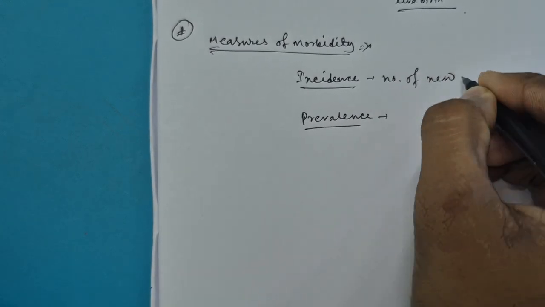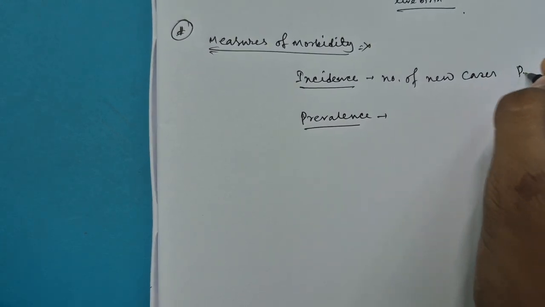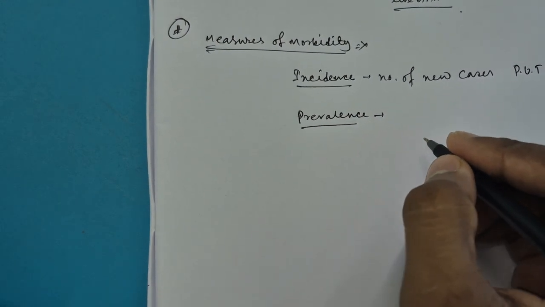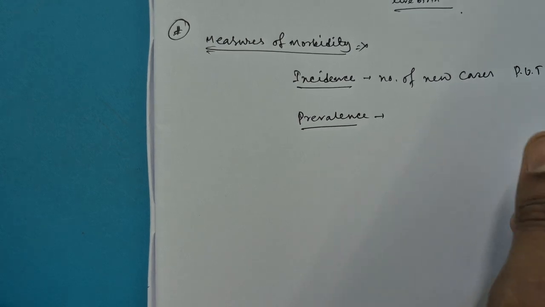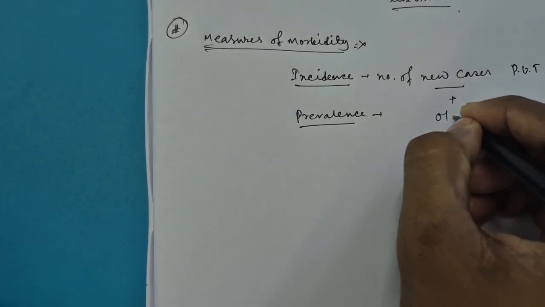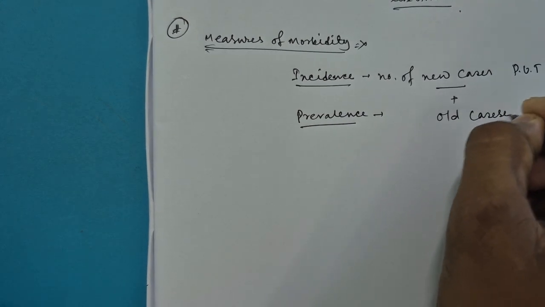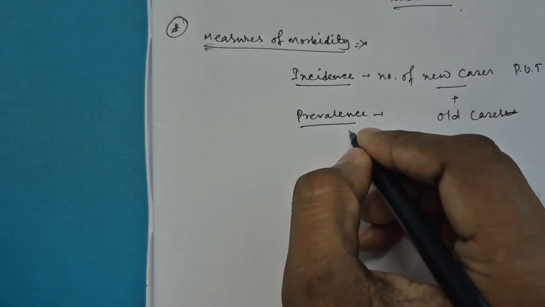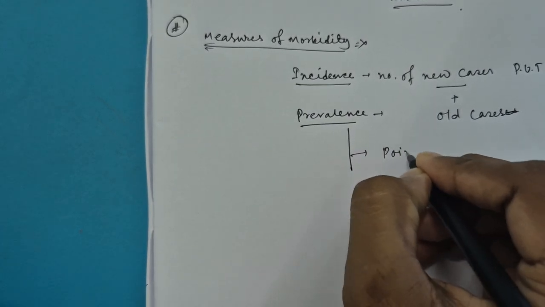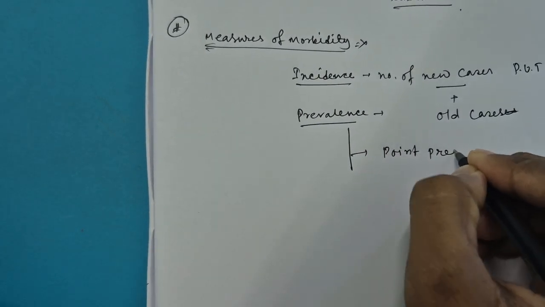Now the prevalence includes the new cases along with the old cases. Prevalence can be of two types: one is the point prevalence, and one is the period prevalence.